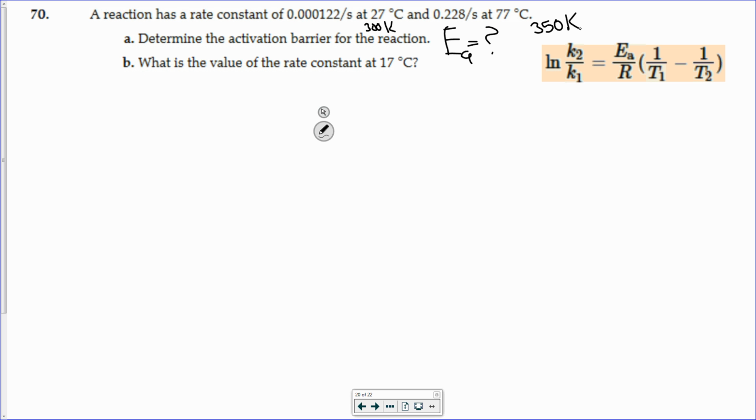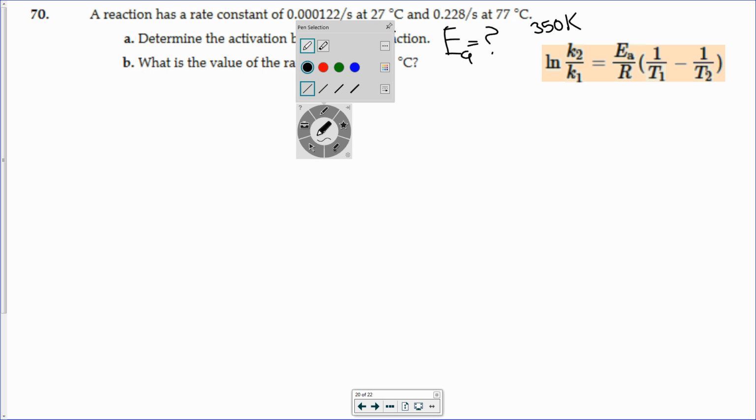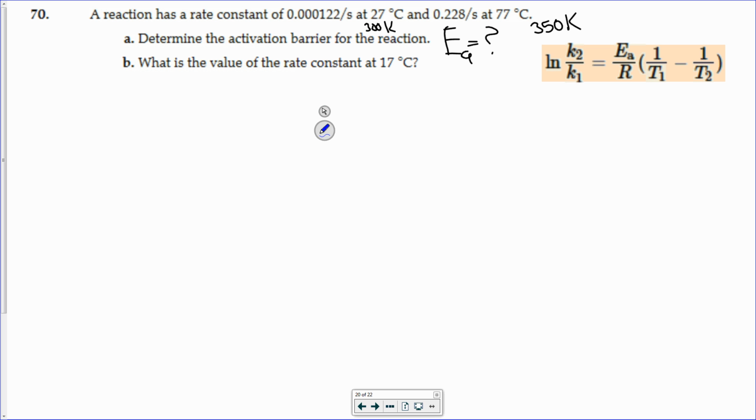And then I've got to pair them up. It doesn't matter which ones I call which. I'm going to call this one K1 T1, and this one K2 T2. So now I know what the values of K1 and K2, T1 and T2 are. I know the value of R is 8.314.